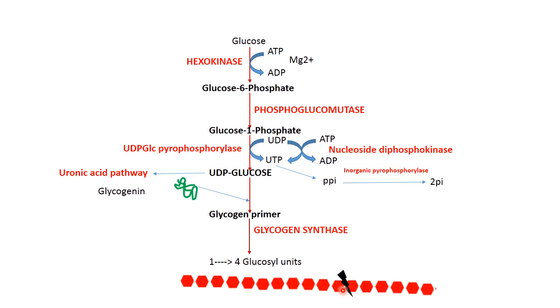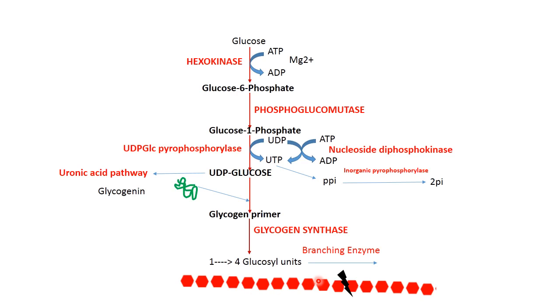This branching enzyme will transfer a part of the alpha 1,4 glycosidic linked polymer, at least 6 residues. See here, there are 6 residues, 1, 2, 3, 4, 5 and 6 glucose residues linked. Here the branching enzyme will shift this part to any part of the linear chain, but here the branching will be formed by alpha 1,6 glycosidic linkage.